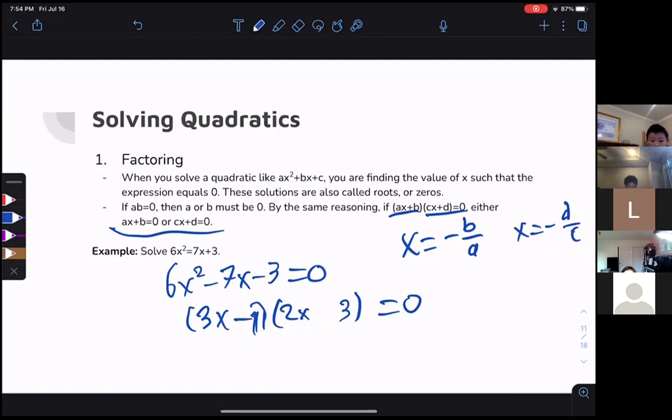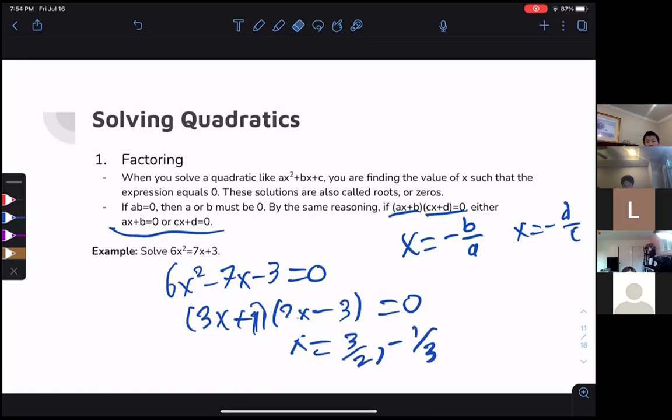(3x plus 1)(2x minus 3). We can expand this and see that we get our desired quadratic back. So we solve, and we get x is equal to 3/2 and negative 1/3. Those are our two solutions. These solutions just follow immediately from factoring. There isn't really much thought in that.